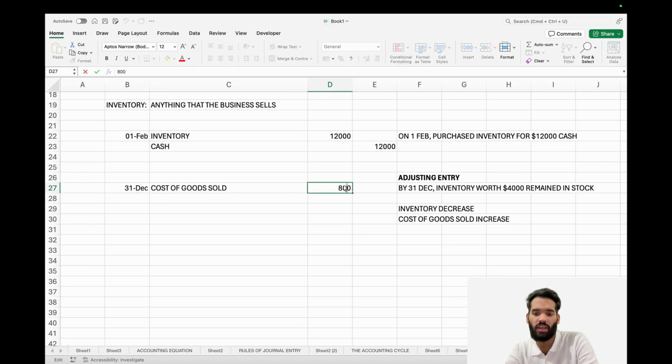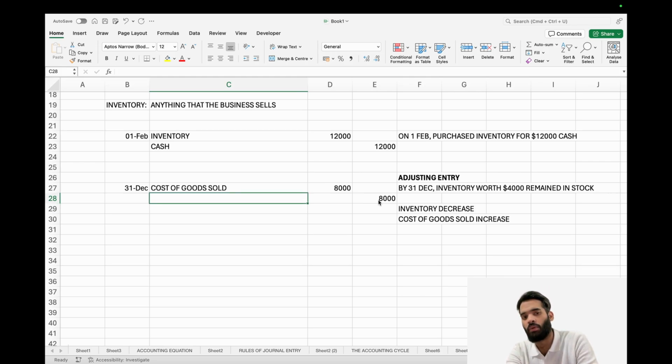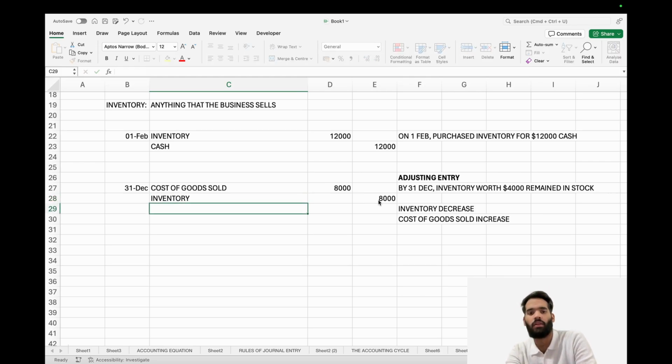I hope you know why I'm saying 8,000, because you bought 12,000, remaining is 4,000. Assuming we did not sell any inventory, it should have still been 12,000 of it. But maybe someone stole the inventory, or maybe it got damaged and it's worth less money now than we originally bought it for.